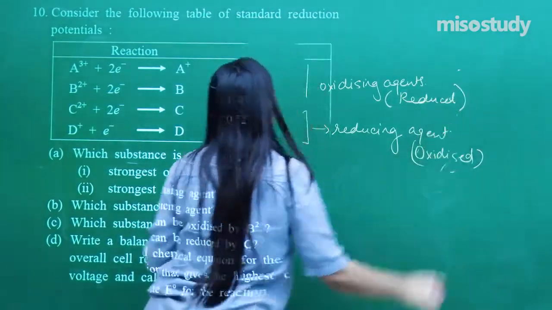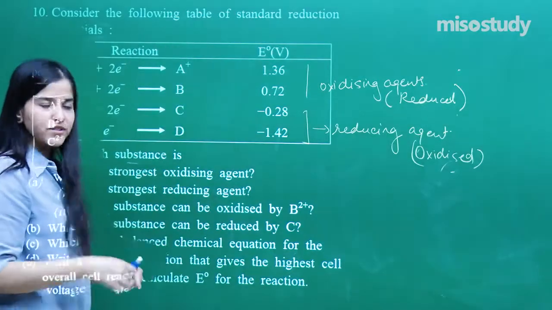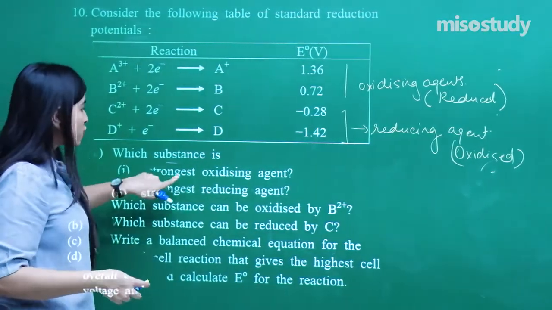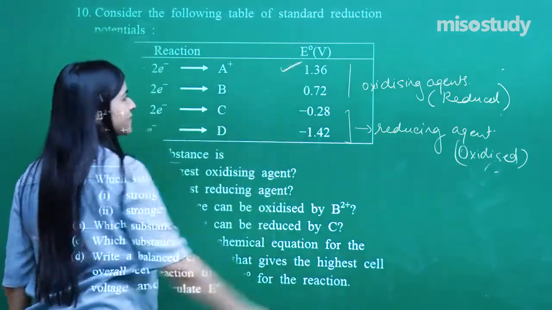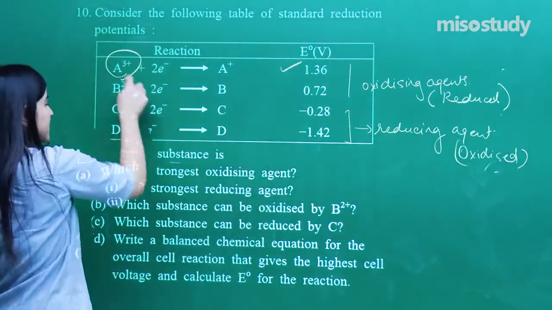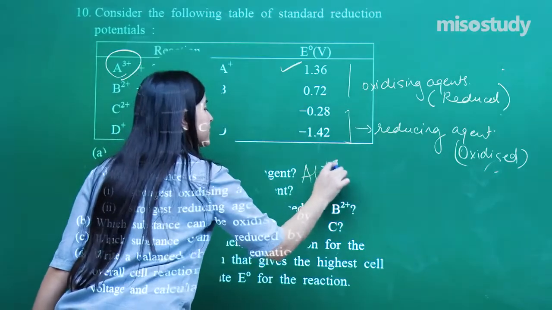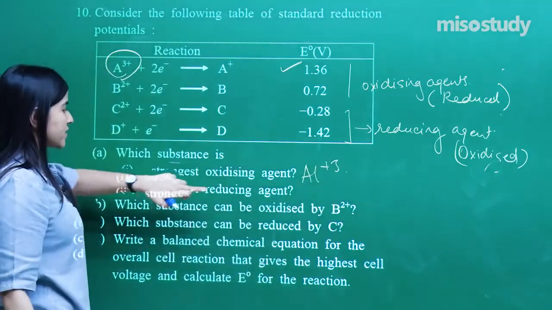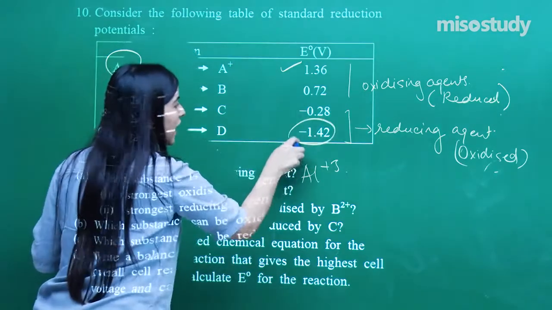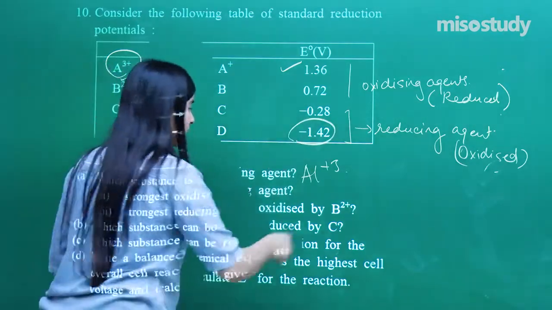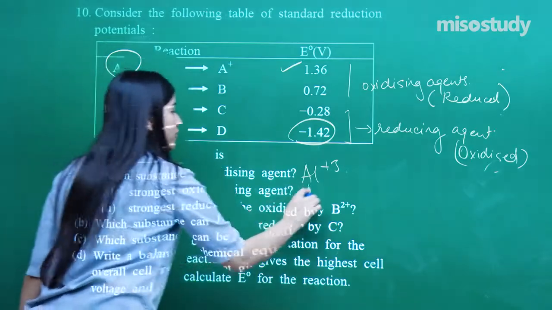Okay, done. Now we have analyzed the equations. Which substance is the strongest oxidizing agent? Tell me. Definitely this, yes. So we'll name it Al+3. Now, which is the strongest reducing agent? We know the reducing agent has the most negative value. So it will be D positive.